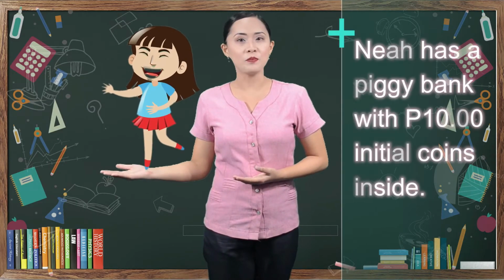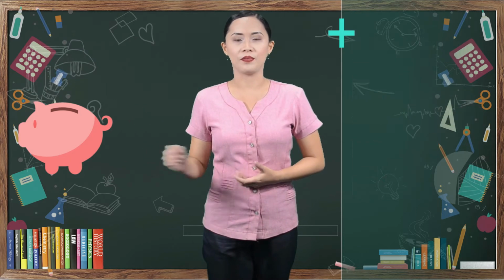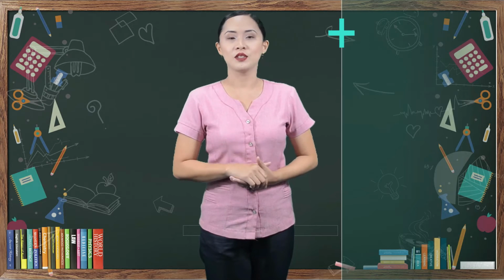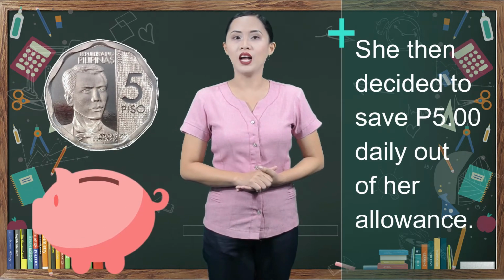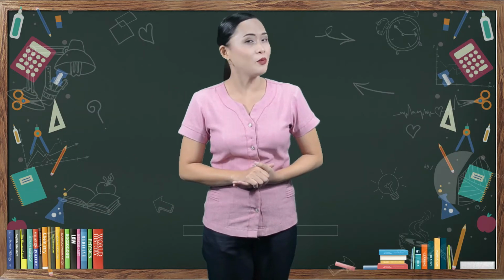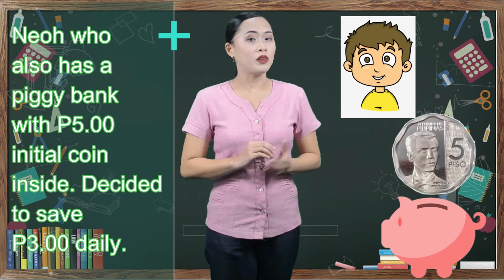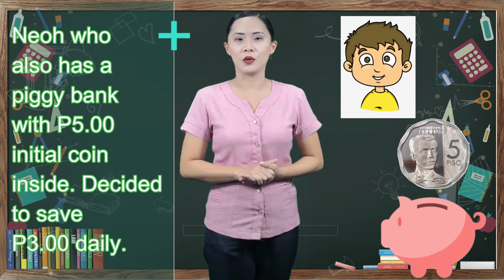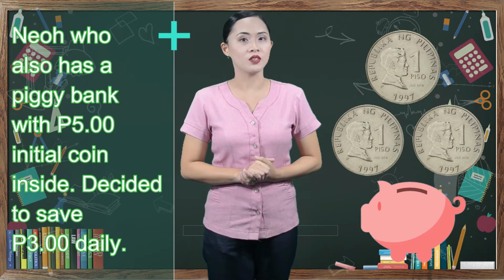Nea has a piggy bank with 10 peso initial coins inside. She then decided to save 5 pesos daily out of her allowance. Meanwhile, Neo also has a piggy bank with a 5 peso initial coin inside, and decided to save 3 pesos daily.